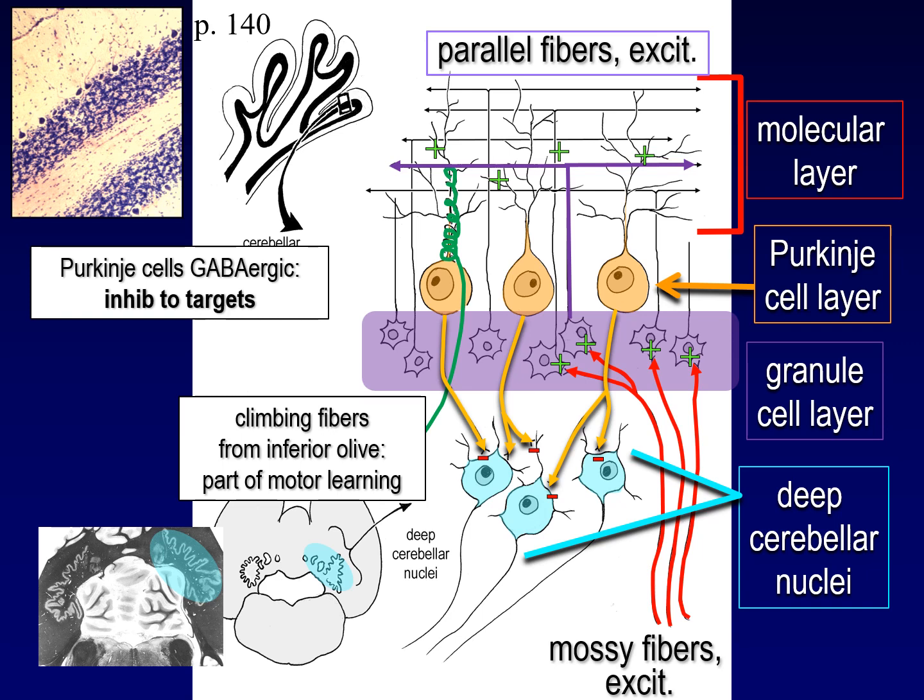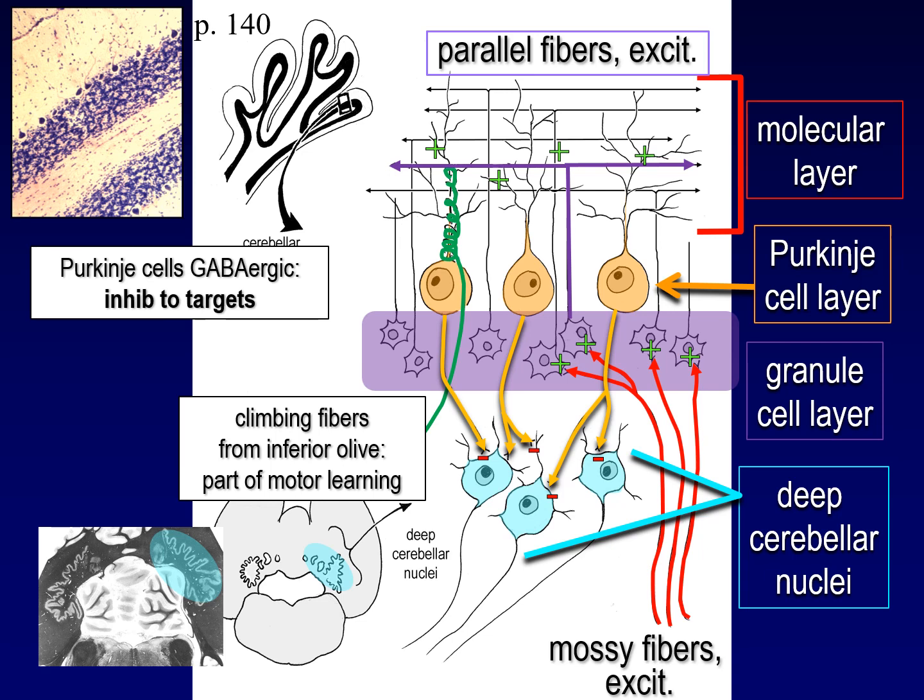Purkinje cells have axons that project back out of the cortex into the deep parts of the cerebellum, and although there are some exceptions, the vast majority of these are projecting to the deep cerebellar nuclei, and these are the ones that are embedded in the white matter of the cerebellum. The Purkinje cells are always inhibitory, and there are all sorts of neat cellular reasons that you would want to consider that.